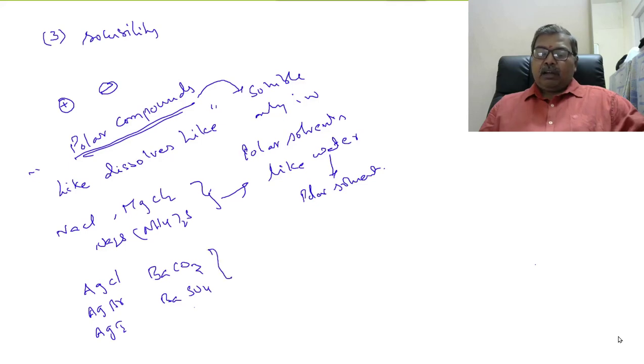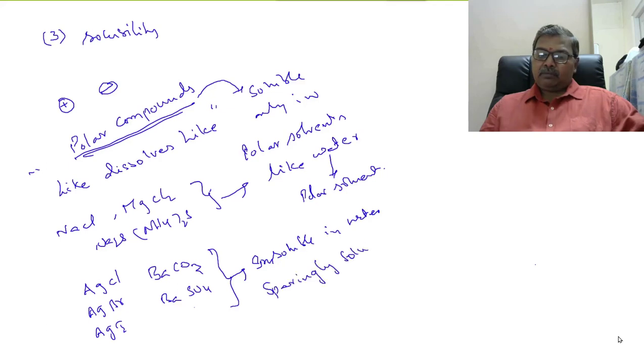These are also ionic compounds. They are insoluble in water, or you can say they are sparingly soluble salts. Why these are insoluble or sparingly soluble in water, I will explain in the lecture after completion of this topic.